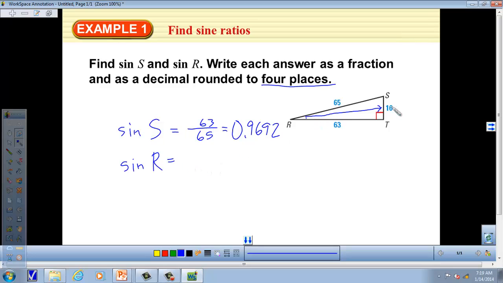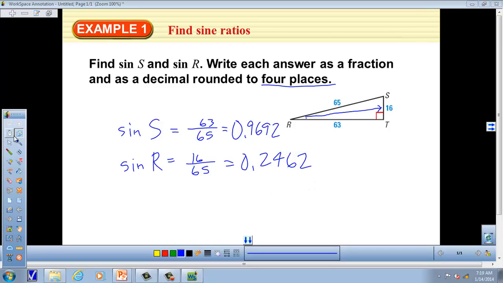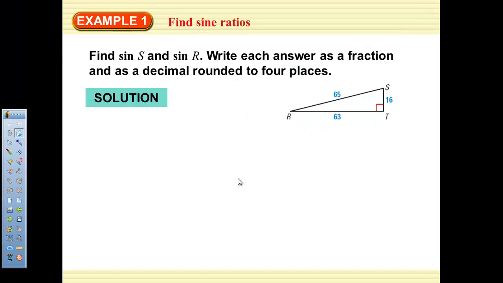So directly opposite R is 16, and we divide that by 65. Again, that can't be reduced, so we just find the decimal equivalent. 16 divided by 65 gives us 0.246, and if we round, it's 2. Okay? So that's all they want you to do in this section.